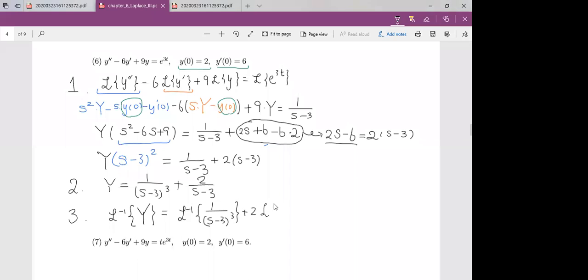And the first term on the right-hand side is the problem given in quiz 6 yesterday. For this first term, we read that as a translated version. So we read that as something over s cubed, where you replace s by s minus 3.